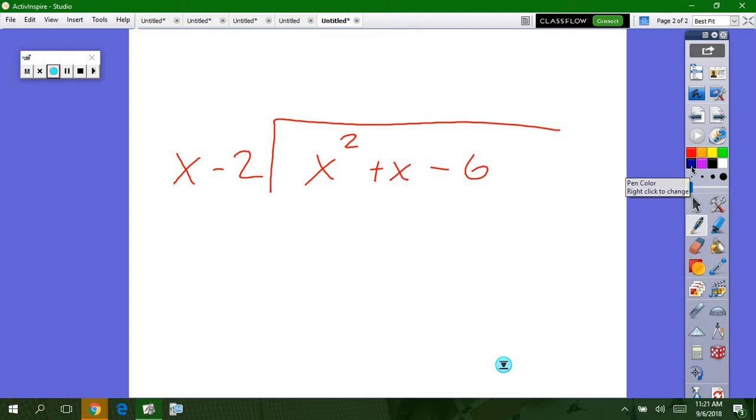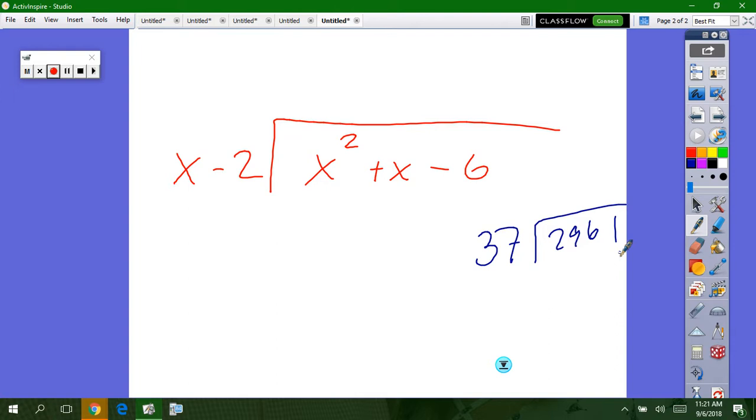Little side note. How many of you guys remember when I was at 37 going into 290 like that? What did you guys do? Just think about what your process was. You guys know your 37 times tables? I don't know them. So what did I kind of do? I'm like, all right, that's kind of like 30 or 40. I kind of rounded. Is that kind of what you guys did? That's kind of what I did.